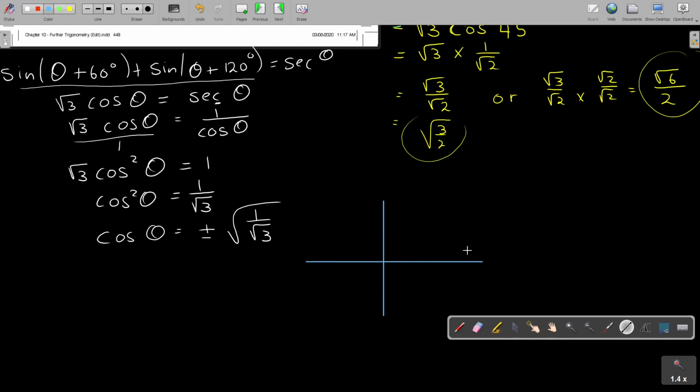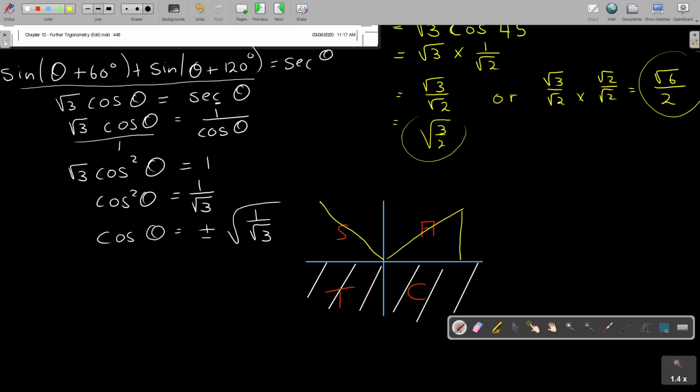But because of this, I block out this part because it's just from 0 to 180. Now I'm going to say, where is cos positive? Don't forget your CAST. Cos is going to be positive there. It's also there, but it's blocked out. Where is cos negative? It's going to be there, also there, but it's blocked out. So it's only these two angles.